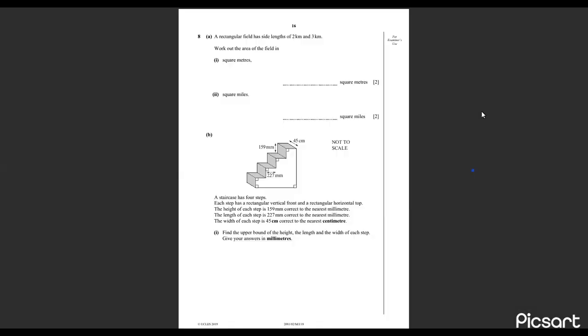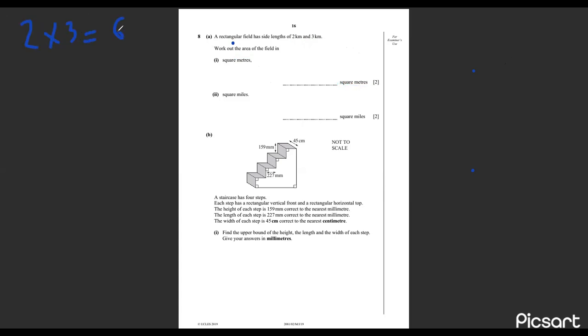Number 8. He gave you a rectangular field with a length of 2 km and 3 km. Work out the area. When we get the area, we multiply 2 by 3. Here it is squared kilometers. And here he tests your knowledge.